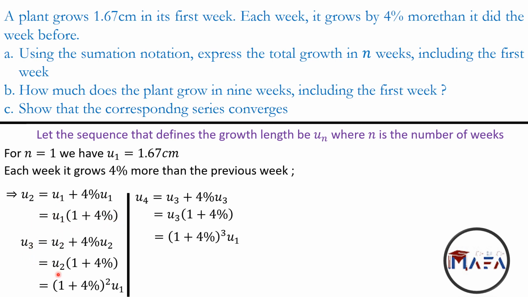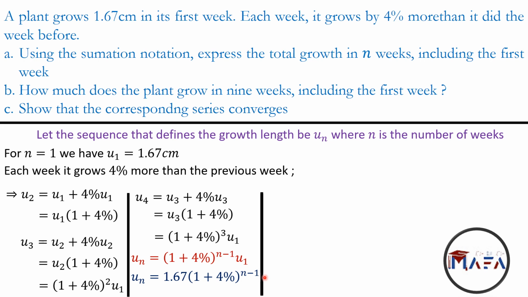For u3, the power of (1 plus 4%) is 2, and then u1 applies to it. So in general, we can deduce that un is (1 plus 4%) raised to the power n minus 1 times u1. u1 is 1.67 centimeters, so our un is 1.67 centimeters times (1 plus 4%) all raised to the power n minus 1. So we have succeeded in getting the general sequence that defines the length of the plant after n weeks.